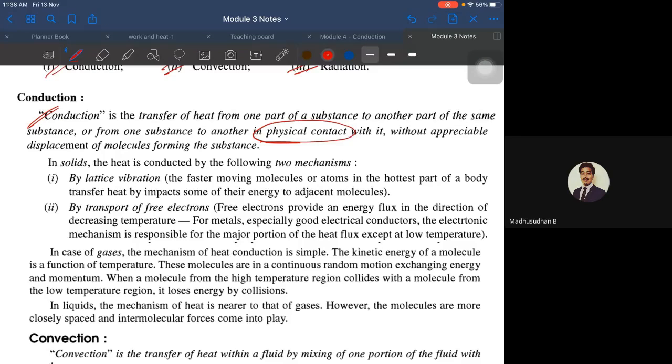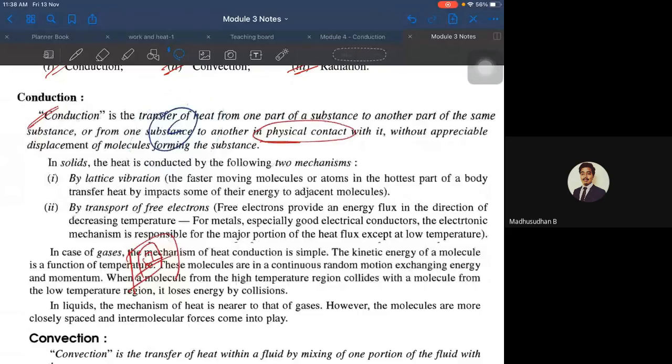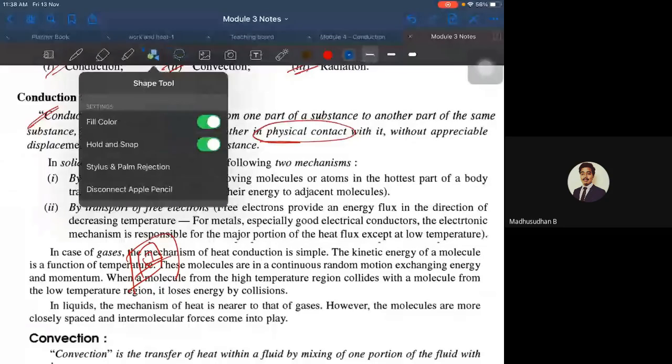If there is a hot source like this, and a cold molecule, what happens to this cold molecule is it will move to the hot body, and heat gets transferred. It literally moves towards the hotter source and collects the heat.